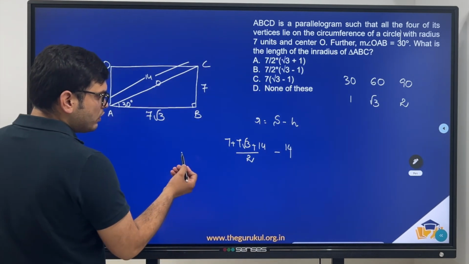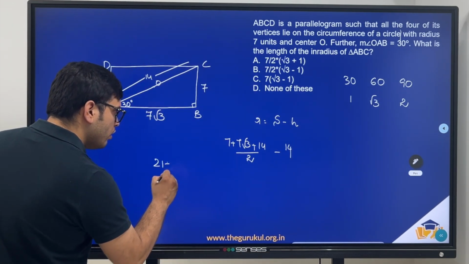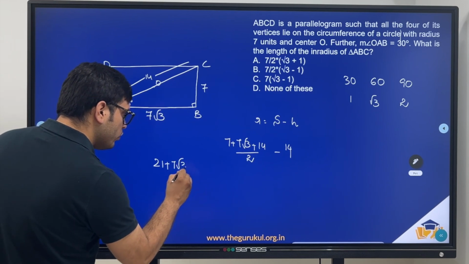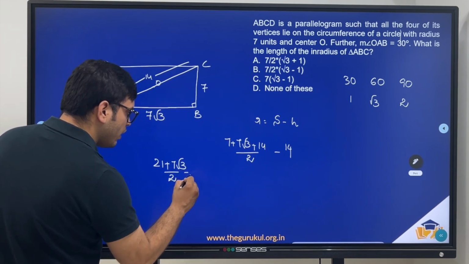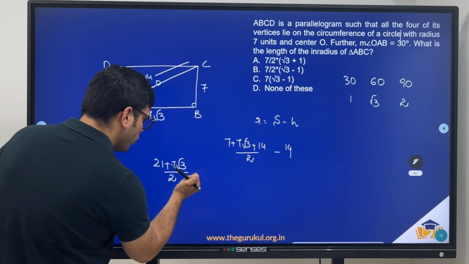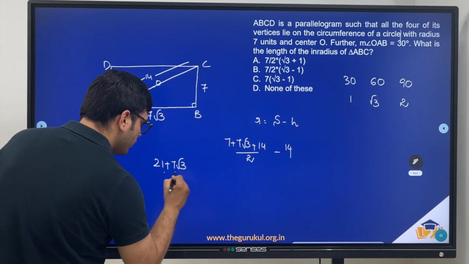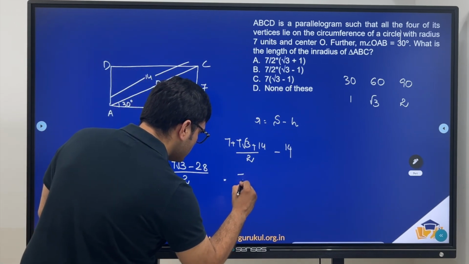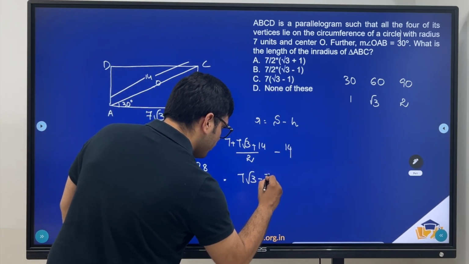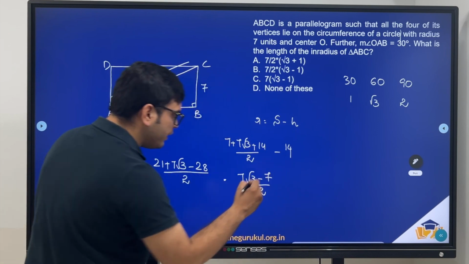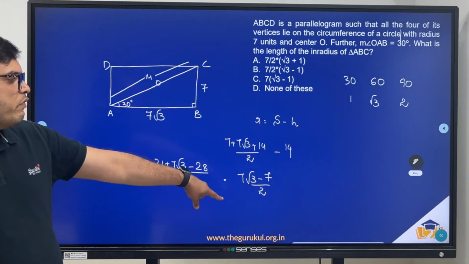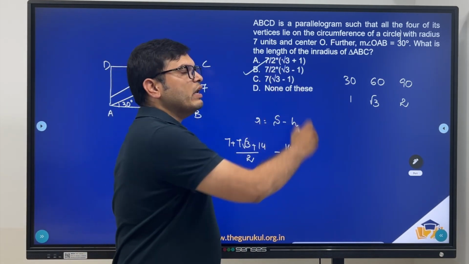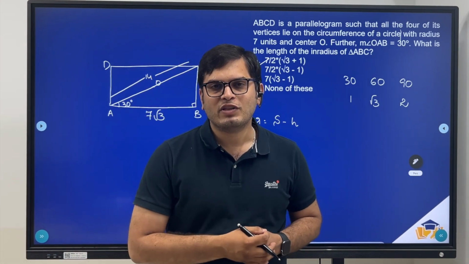So this is (21 + 7 root 3)/2 minus 14, or on taking LCM, (21 + 7 root 3 - 28)/2, which is nothing but (7 root 3 - 7)/2. I can take 7/2 common, so 7/2 into (root 3 - 1). Hence option B should be the answer to this question.